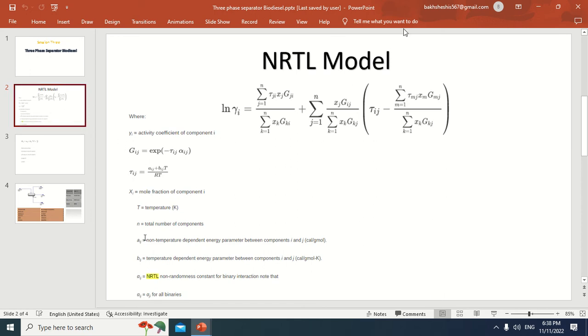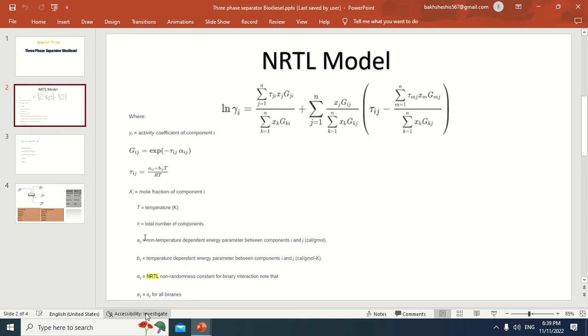This is the formula, and this is the NRTL model, where gamma i is the activity coefficient of component i, xi is the mole fraction of component i, T is temperature, N is the total number of components, AIJ is the non-temperature dependent energy parameter between components i and j in calorie per gram mole, BIJ is the temperature dependent energy parameter between components i and j in calorie per gram mole Kelvin, and alpha IJ is the NRTL non-randomness constant for binary interaction.